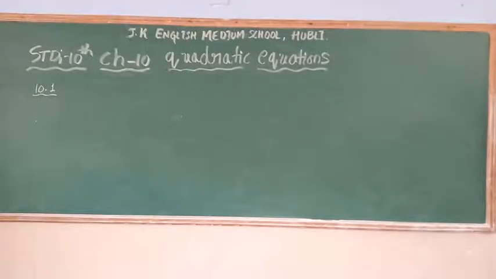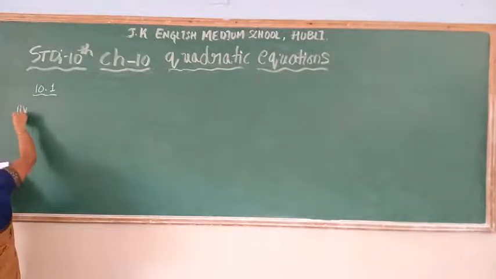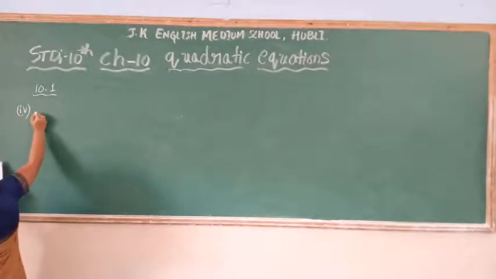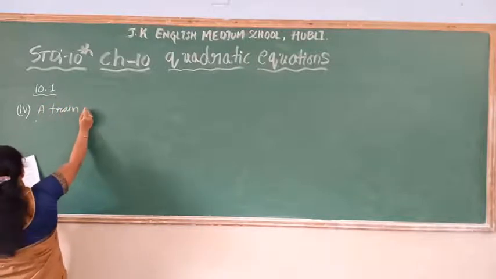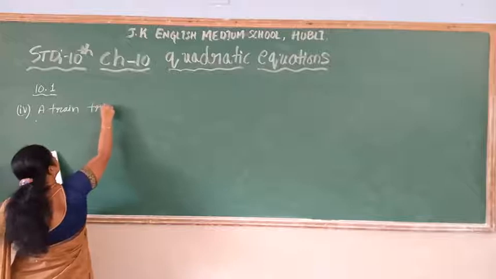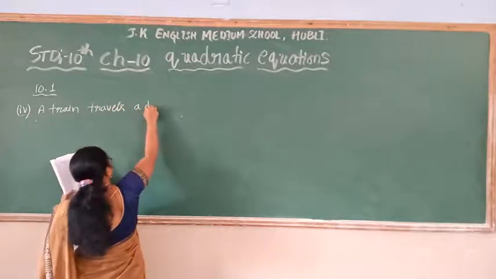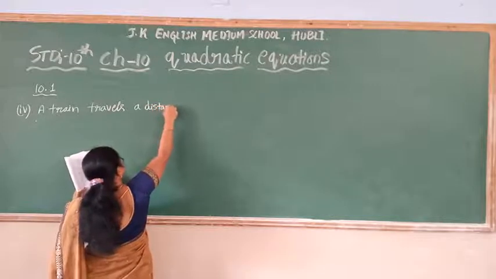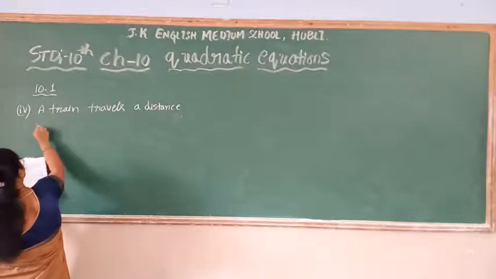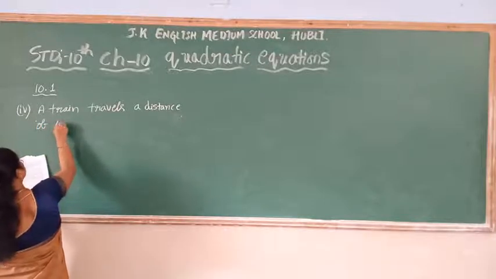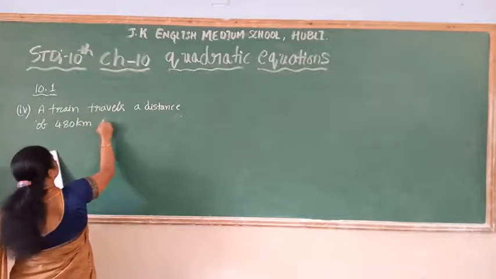Children, fourth question in this main heading. A train travels a distance of 480 kilometers at a uniform speed.